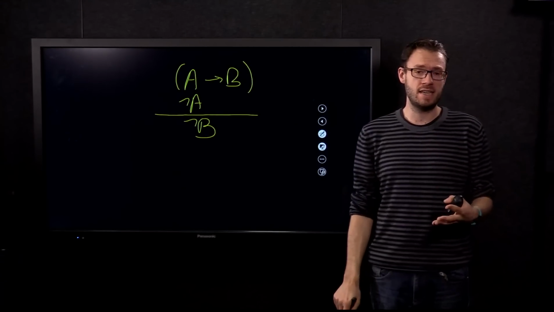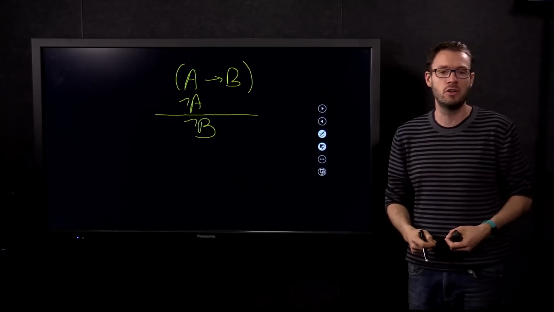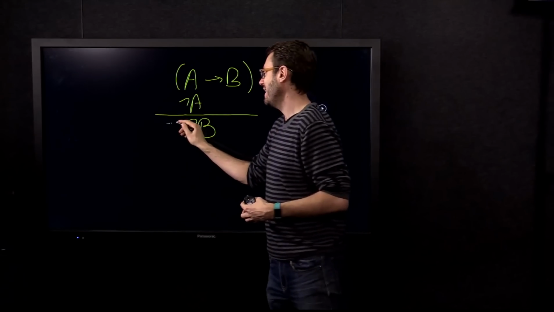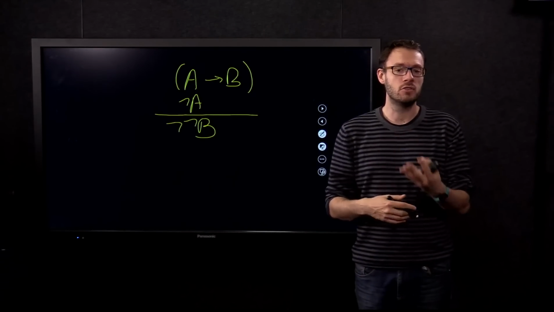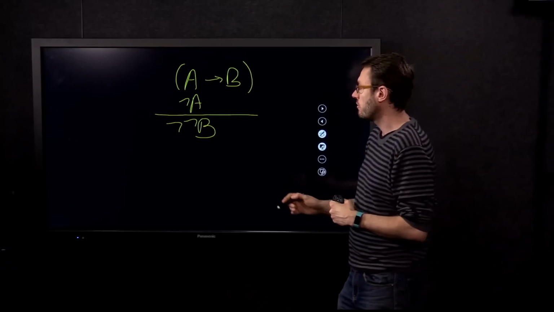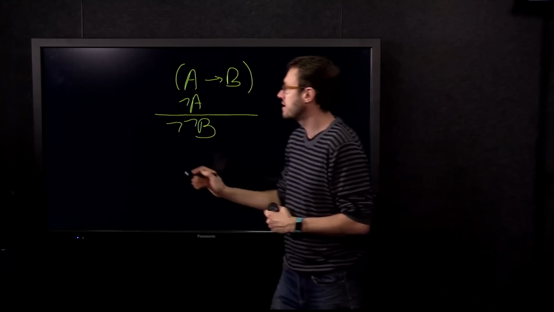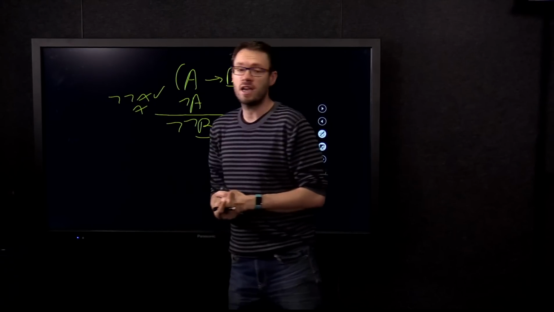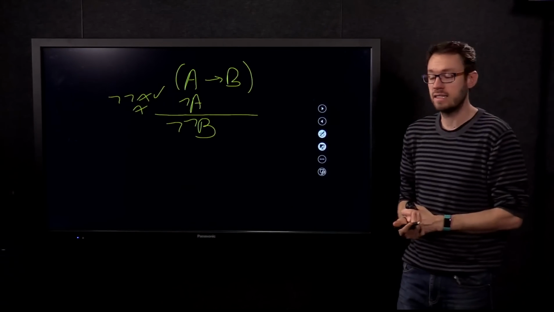We want to test the argument by assuming that the premises are true and that the conclusion is not true. And so we do that by adding that second negation, and then we do the tree. So now we've actually got two things to operate with. We've got this double negation. The rule for the double negation, remember, not not alpha: we get rid of the double negation, those cancel, and that just gets us back down to alpha.